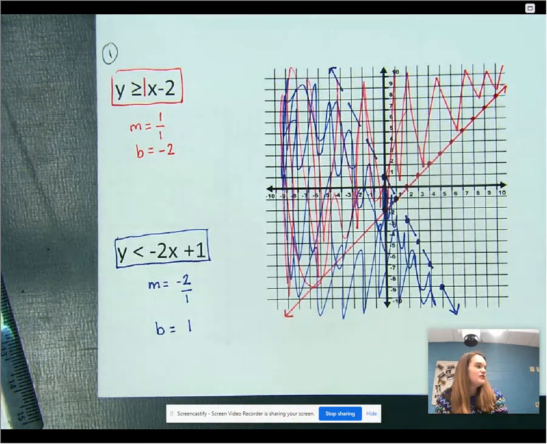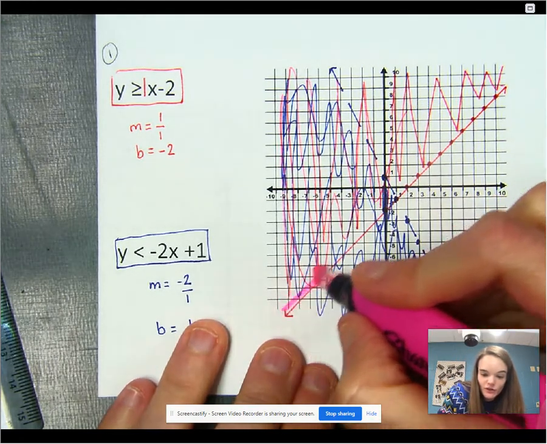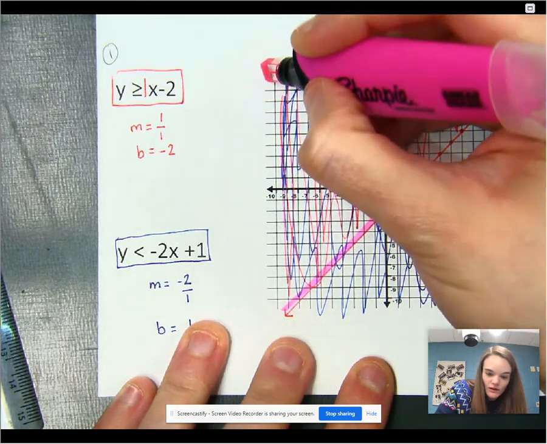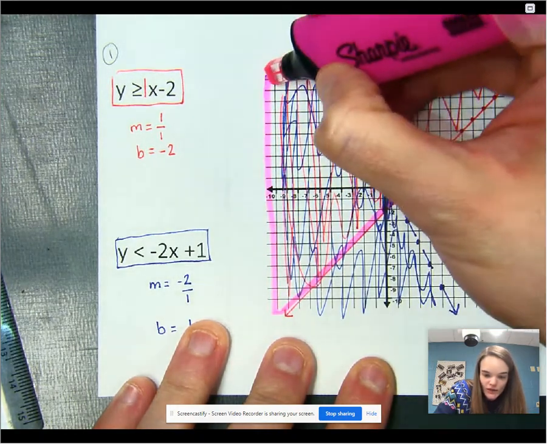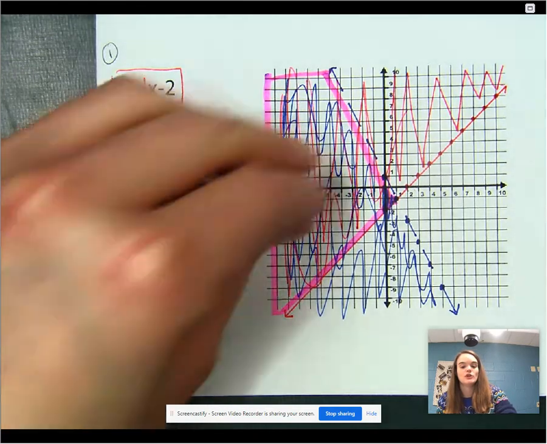The way a linear system of inequalities basically works is the solution is in the double shaded portion, meaning the solution is anywhere over here, because this is double shaded, so that is where the solution is located.